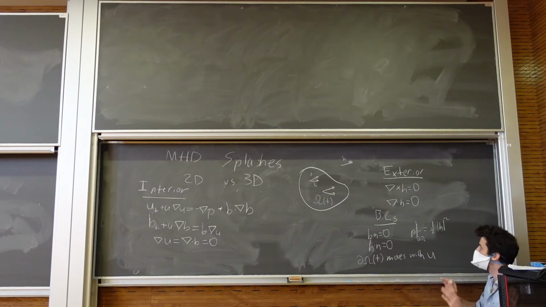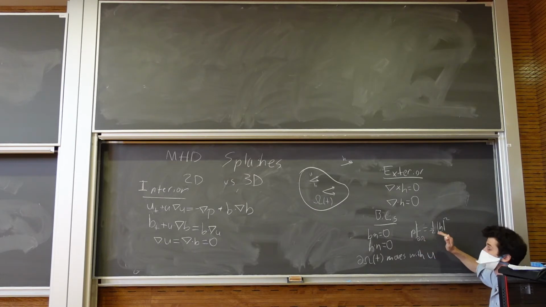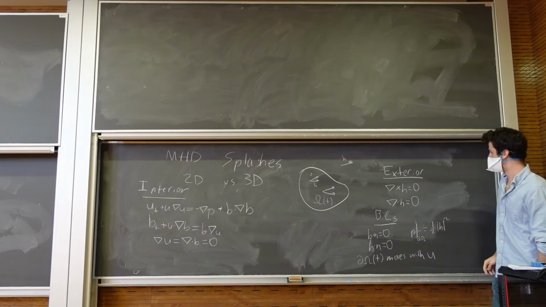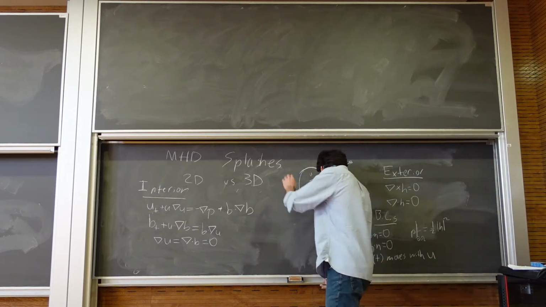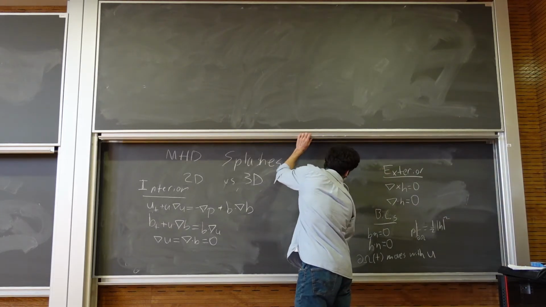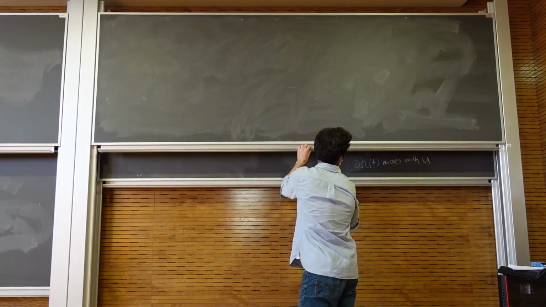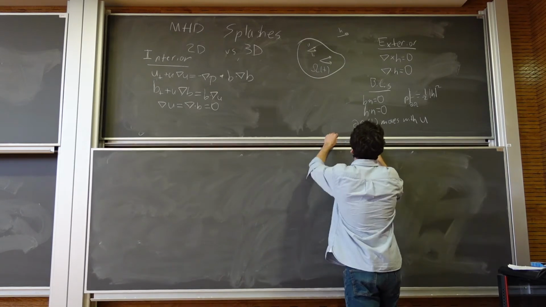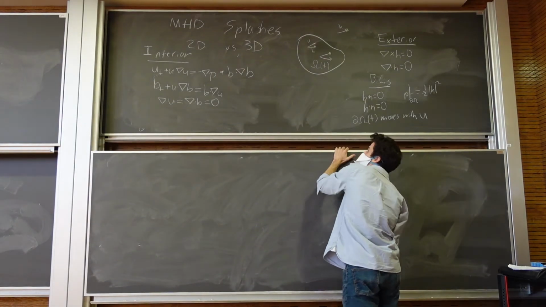And the way that we're phrasing the problem, the boundary condition for the pressure just happens to turn out to be 1/2 the magnitude of the exterior field squared. Important, but now that it's out of the way, we can talk about how these things affect the problem.